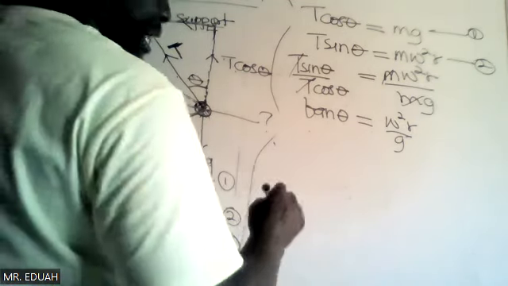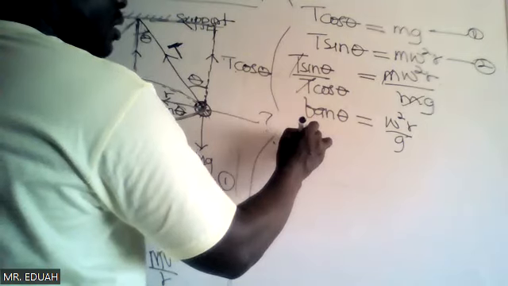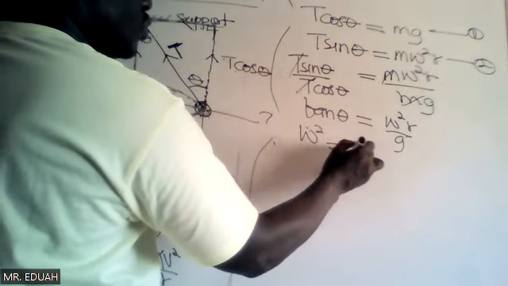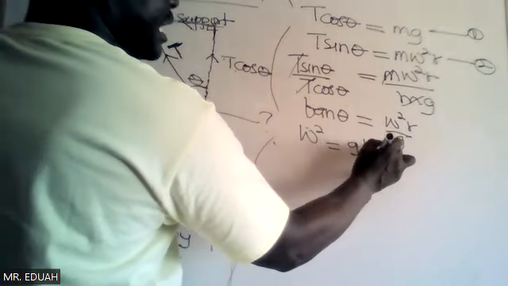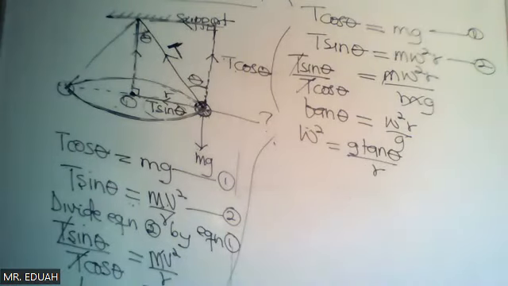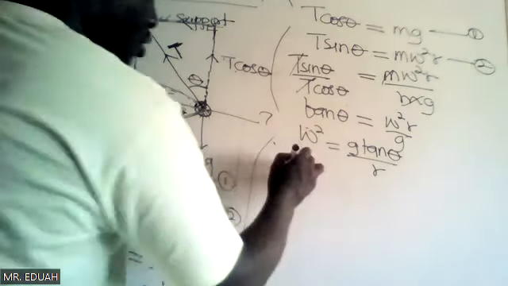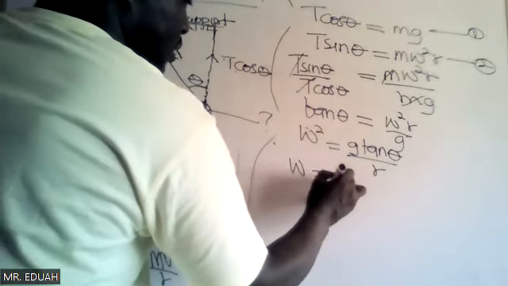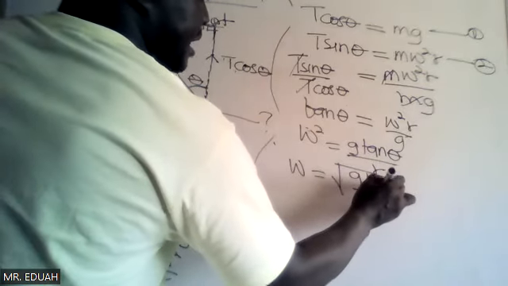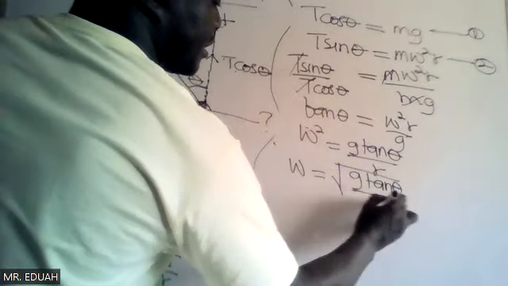When you make omega the subject, you have omega squared is equal to g tan theta over r. Therefore, omega is equal to the square root of g tan theta over r.